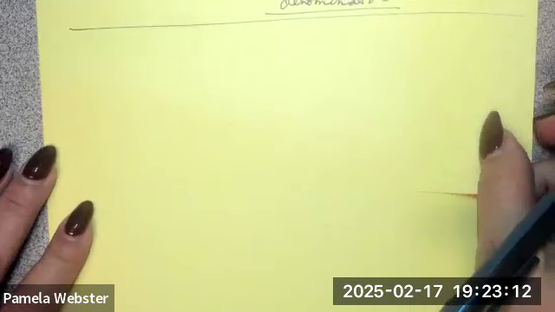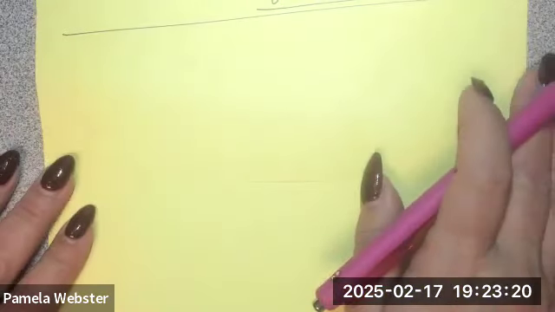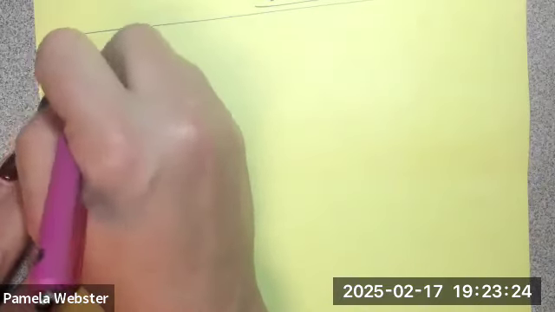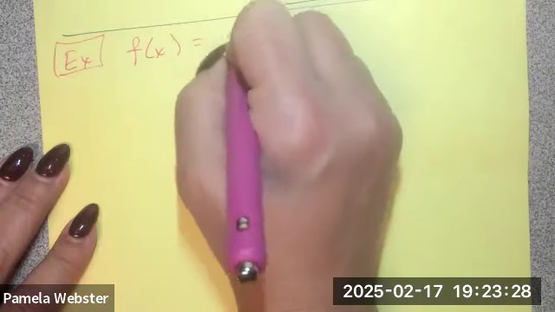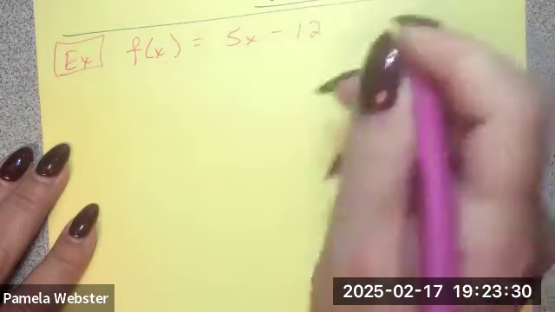I would like for everybody to practice this. We're going to practice a fairly simple one, and then I'm going to do a little bit more intricate one. So everybody use this example, f of x equals 5x minus 12.